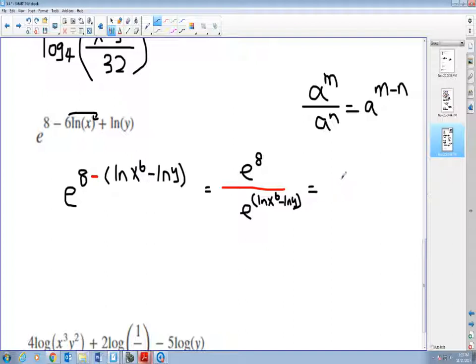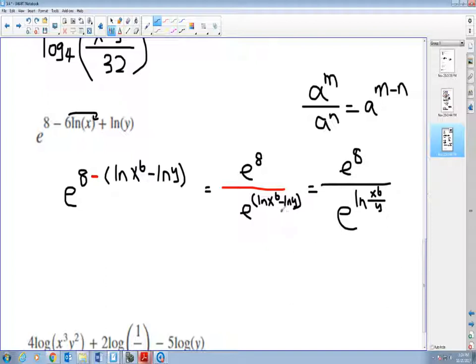So I got e to the a on top over, alright, so natural log minus natural log. Quotient rule tells me that I can write these two as a single logarithm. So that will be e to the natural log of x to the 6 over y.